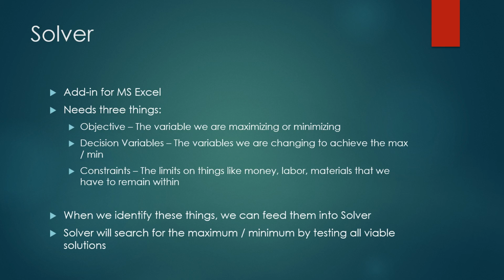So it's changing those decision variables. In the first iteration, it may start with just a random collection of variables. Then it throws in the decision variables, and tests it out to see what the result is. Then it remembers that result and goes to the second iteration, tests those numbers, and the third, and the fourth, and so on, until it's tested all viable options and determined which one maximized the profit.